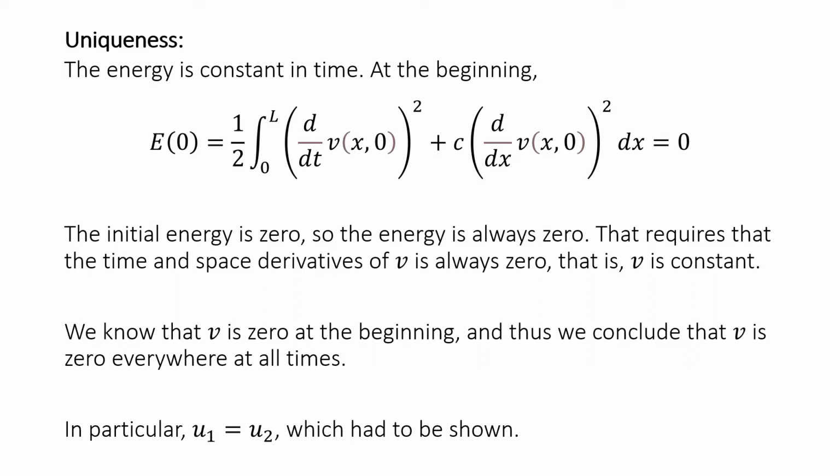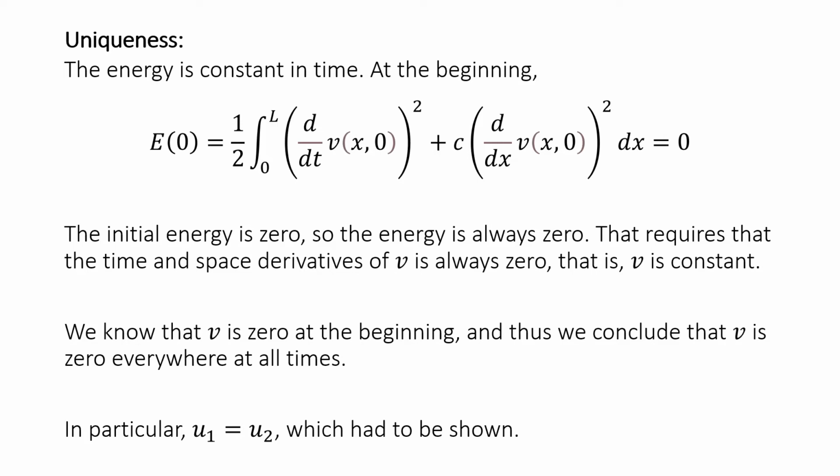But for t equals 0, we can explicitly compute the energy. Namely, E(0) equals 1/2 of the integral from 0 to L of the square of the first time derivative of v(x,0) plus c times the square of the first x derivative of v(x,0) dx.